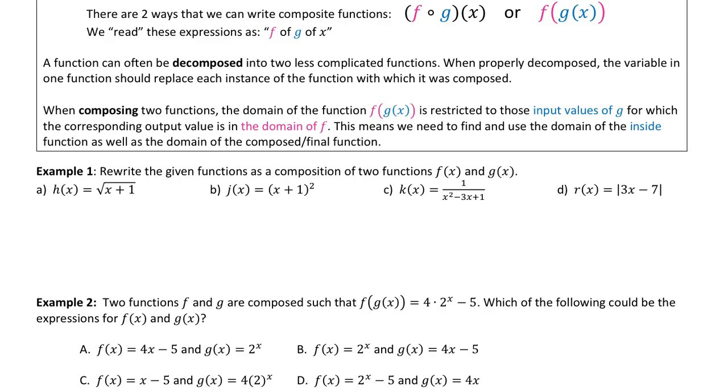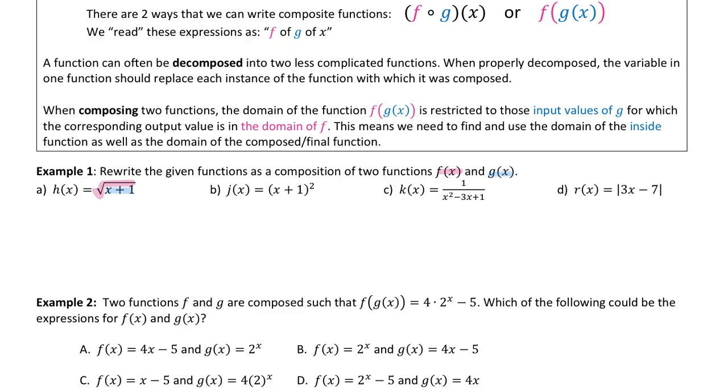Example 1 says to rewrite the given functions as a composition of two functions, f of x and g of x. So what I want us to do is look at these functions and notice that there is a function inside of a different function. For example, do you see how this x plus 1 is like inside this square root? X plus 1 is a linear function.